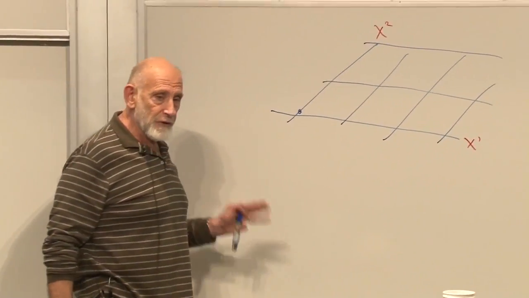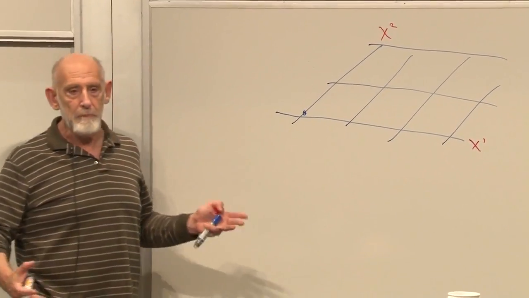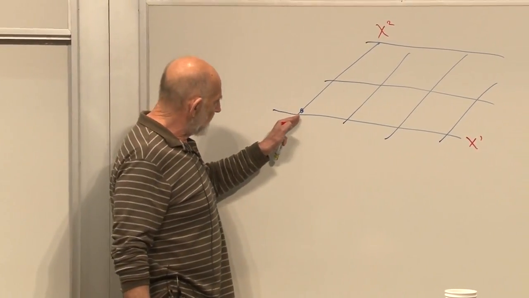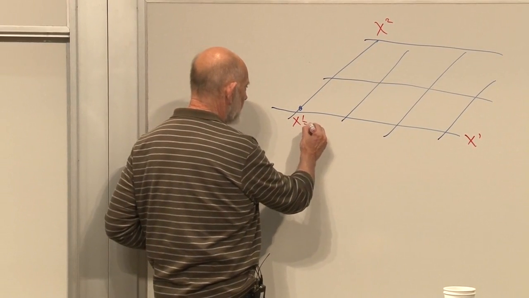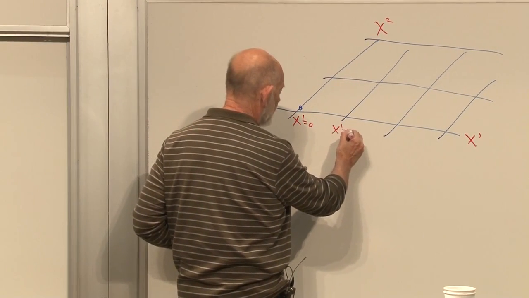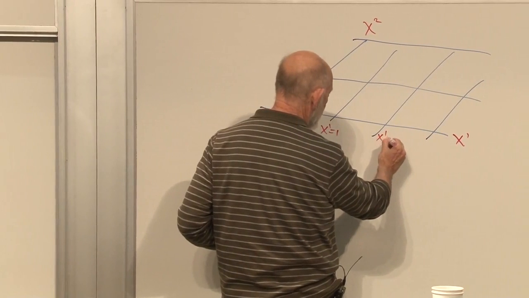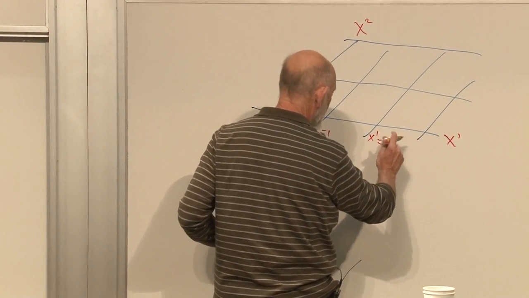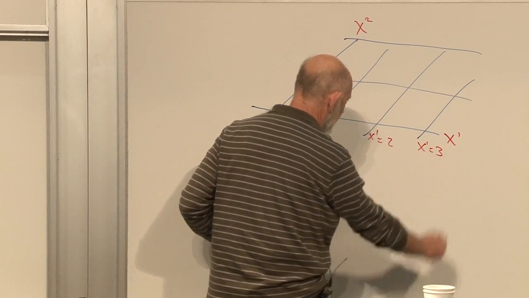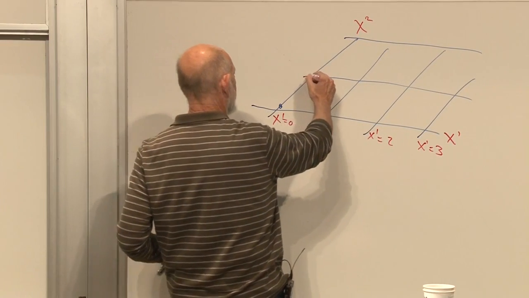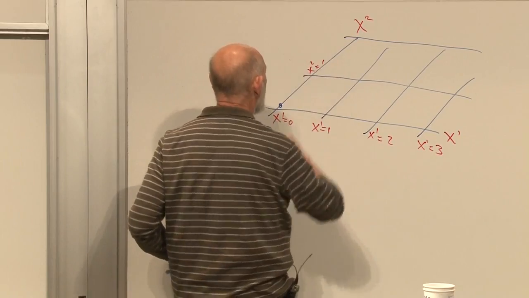And the actual physical distance, let's say measured in meters, from x1 equals 0, here's x1 equals 1, here's x1 equals 2, here's x1 equals 3, and so forth. Here's x2 equals 1.